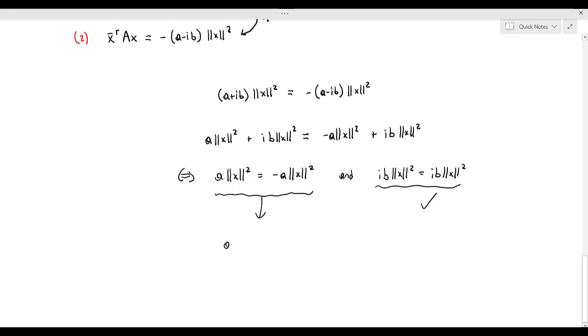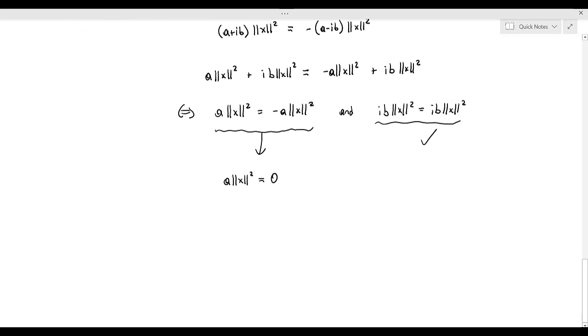So therefore, a times the length of x squared must be equal to 0. Well, that leaves us with two possibilities. Either a is 0 or the length of x squared is 0.